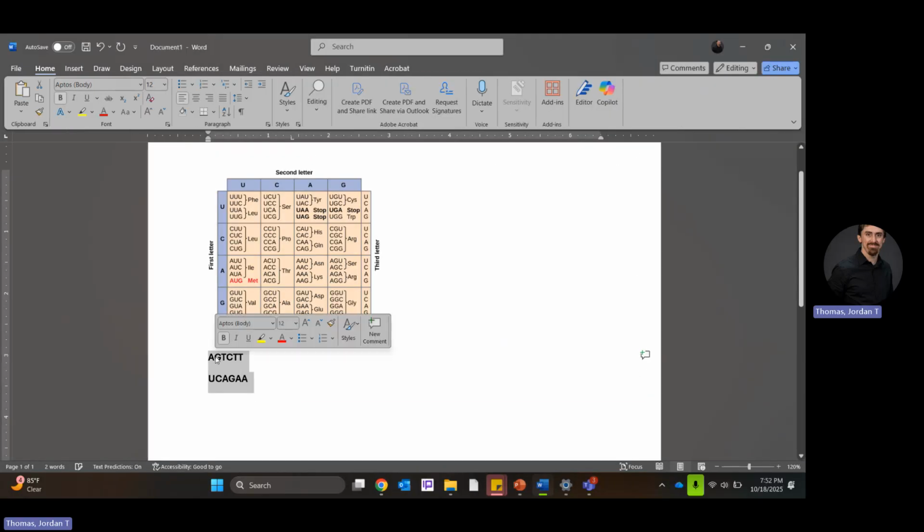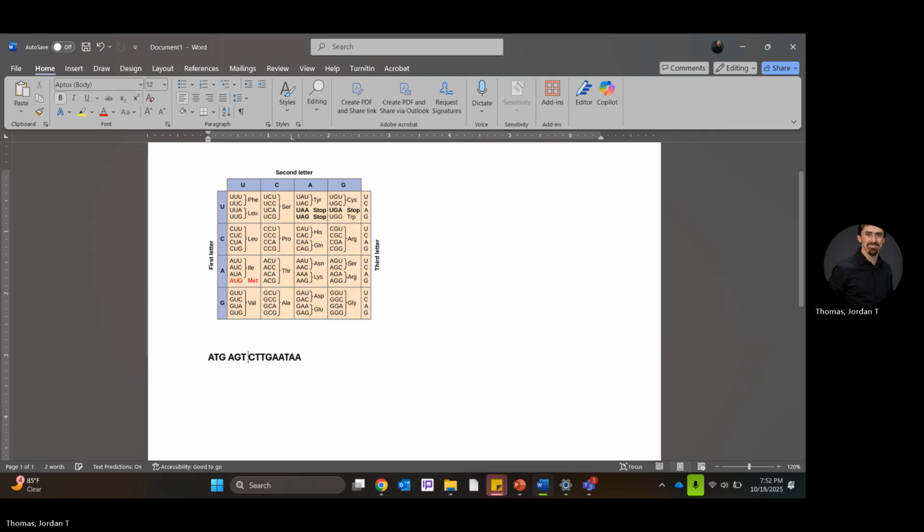We're going to go over here and build it out. So whenever you go from DNA to RNA to protein, what I first want you to do is take every 3 letters and put a space, because remember, every 3 letters is a codon in mRNA.